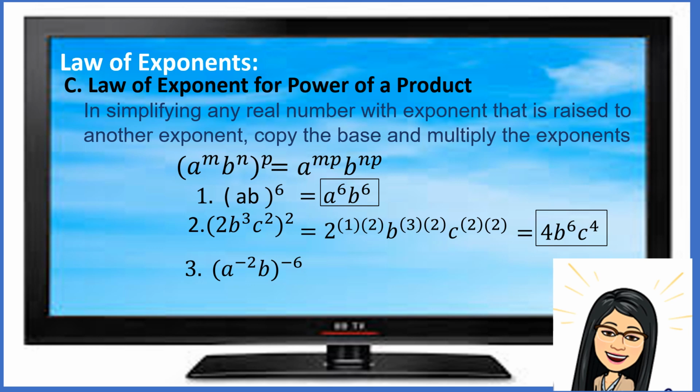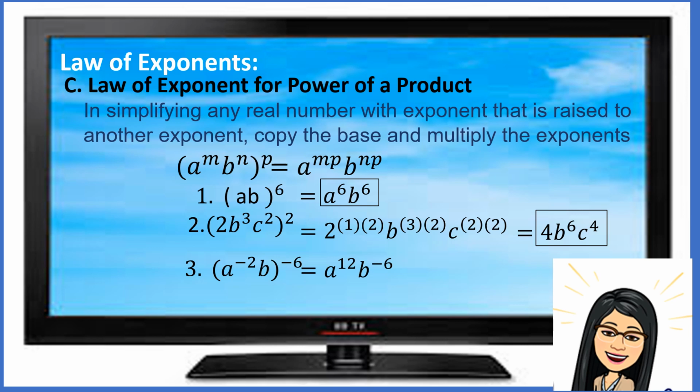Now, simplify the product a raised to negative 2, b is raised to negative 6. Let us distribute negative 6. So, a raised to negative 2 times negative 6 is positive 12. So, we have a raised to positive 12.